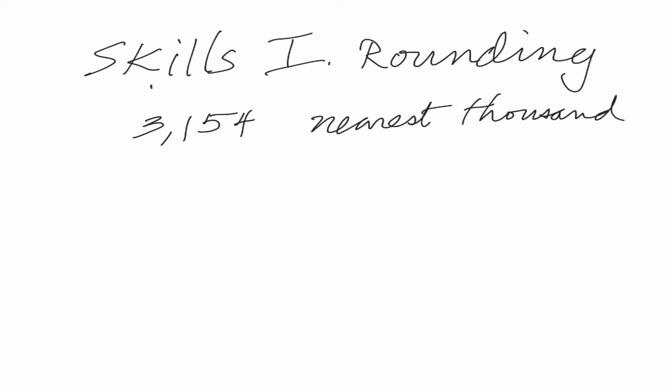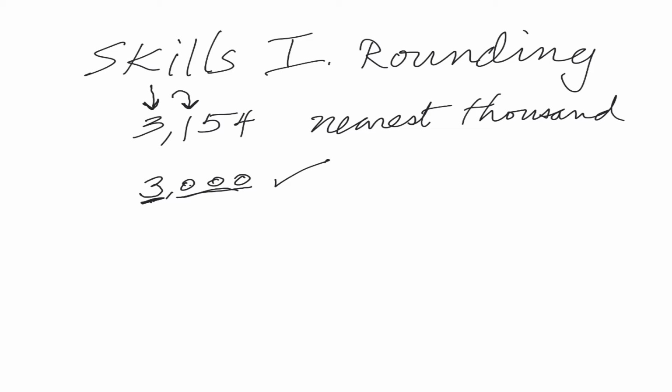So we see that 3 is in the thousand place, which means that they want that place digit to be the last digit, and the rest could be all zero. And it is all zero if we test and look at the next digit. If it's less than 5, then 3 remains the same and the rest is all zeroed out. So the nearest thousand for this number is 3,000.